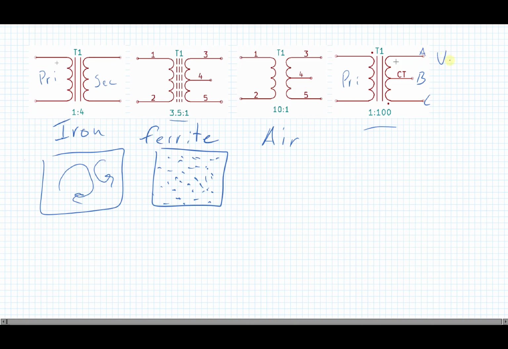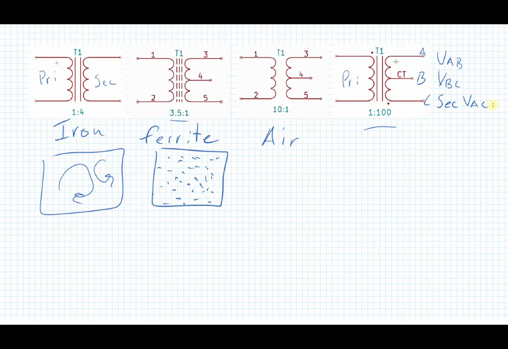I could measure the voltage from A to B, the voltage from B to C, and the entire secondary would be the voltage from A to C. When we do analysis, we'll actually look at those numbers and voltages and see what they look like.